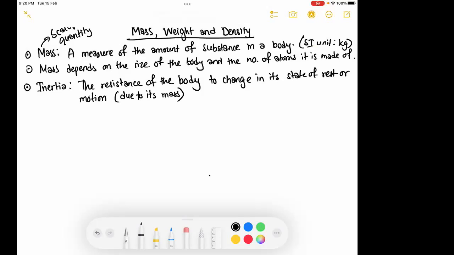Now obviously, the higher the mass, the higher the inertia.